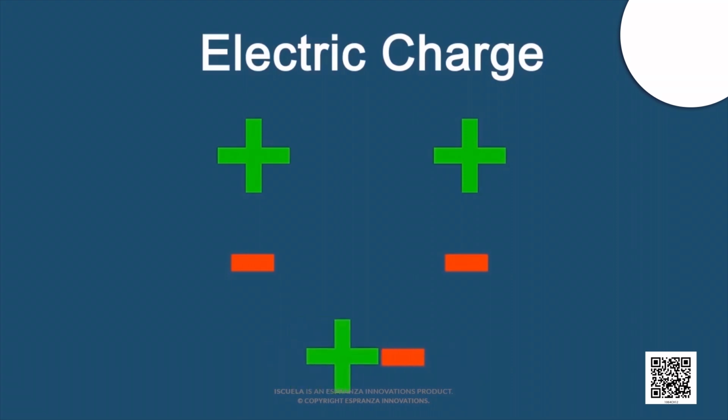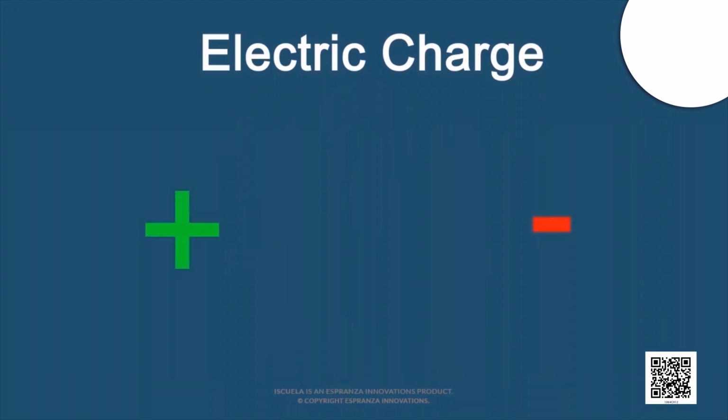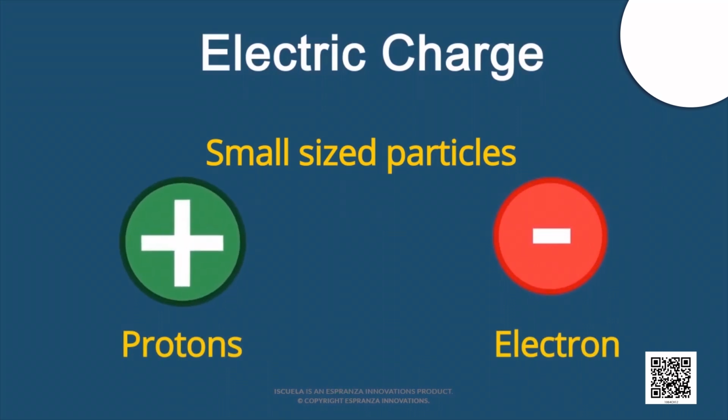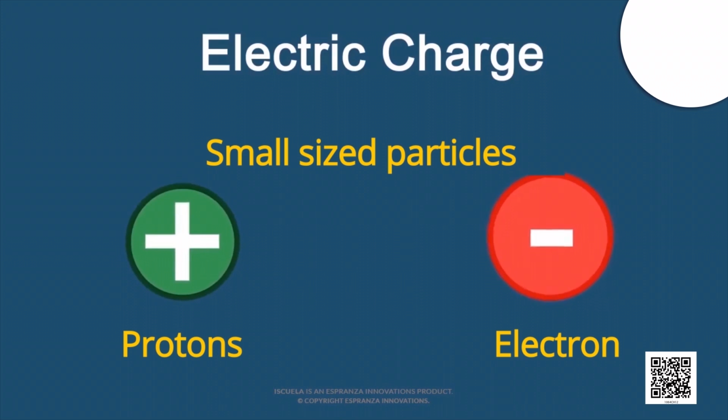Another question which arises here is that these charges are present in which type of particles? These charges are present in very small size particles that have very little mass called protons and electrons. Every matter around us has millions of protons and electrons in it.